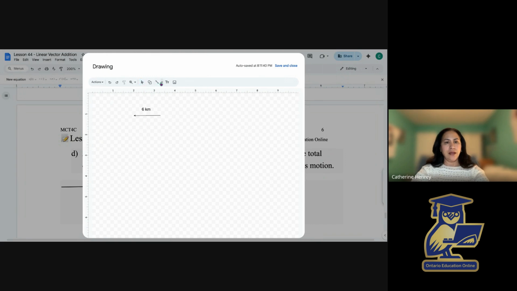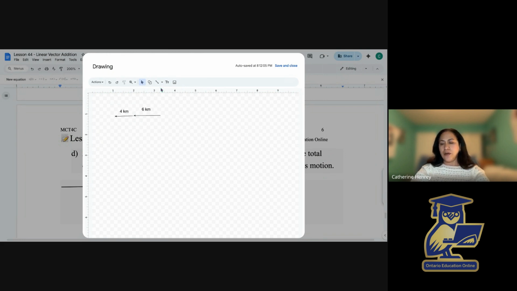But then the cyclist travels another 4 kilometers. And I'm going to put an arrow on that one. And I'm going to put a text box at the top of that one, and that will be 4 kilometers. So again, I'm showing my vectors as arrows, and then I put the magnitudes over top.